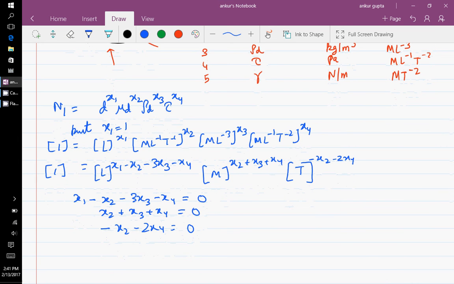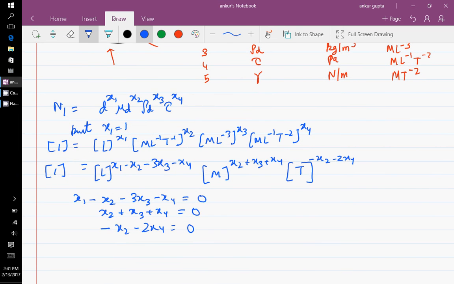And note that x1 is actually equal to 1 because we have assumed that. So I can just write here x1 equal to 1, right? So I have now 3 equations and 3 variables, and it's pretty easy to solve them.